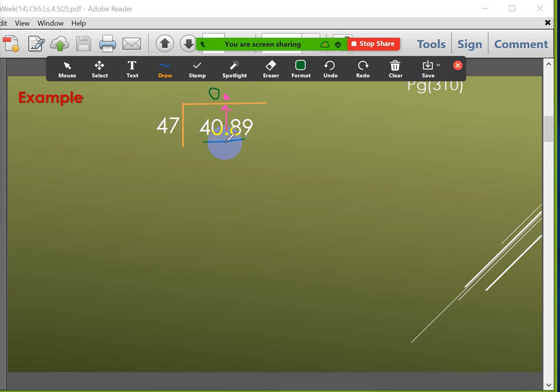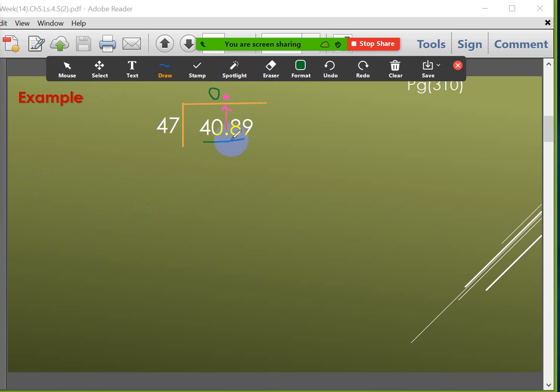So we have to take the tens number, which is 8. That means in the quotient, the first number will be in the tens. What about the ones? The ones will be 0. Okay?